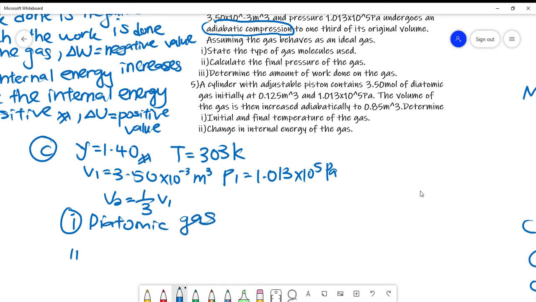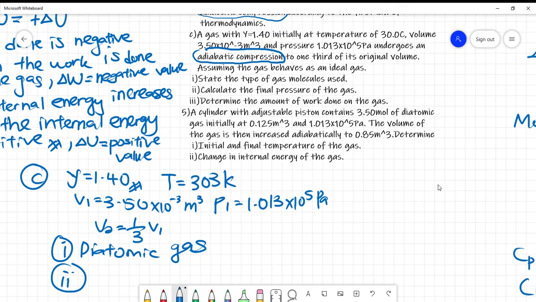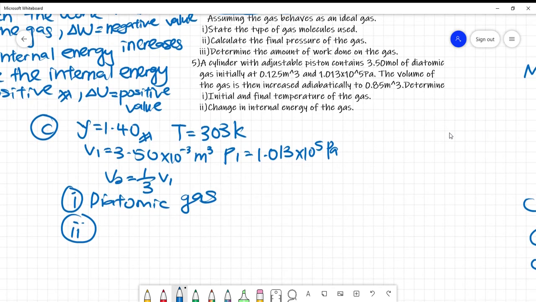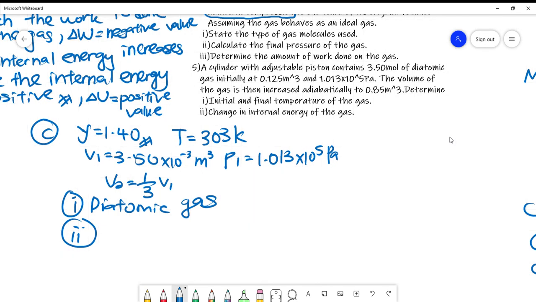Okay, so calculate the final pressure of the gas. Since it is an adiabatic process, what we need to use is the adiabatic equation. So what we can use is P1 V1 to the power of gamma equals P2 V2 to the power of gamma.